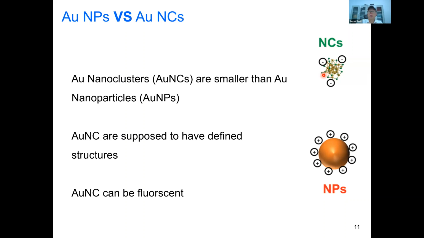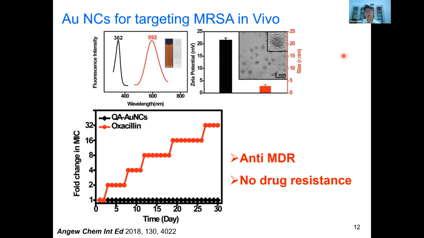And the other difference of gold nanoclusters is that they can be fluorescent. So they can fluoresce, whereas typically the gold nanoparticles are not fluorescent. So we also looked at those, and we found a few that are also effective.